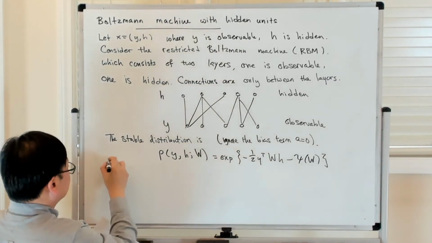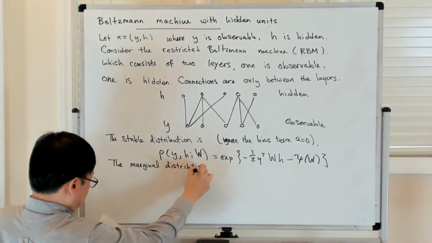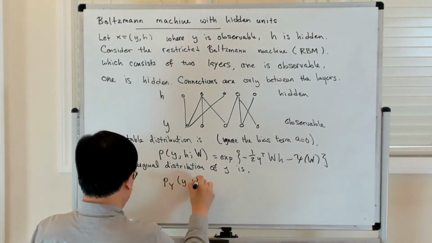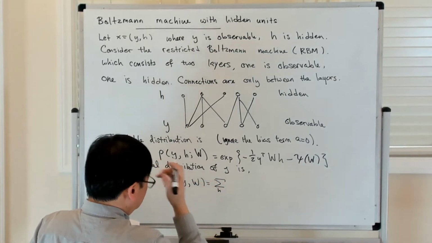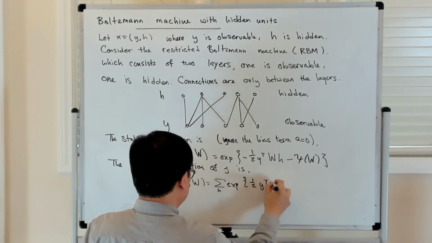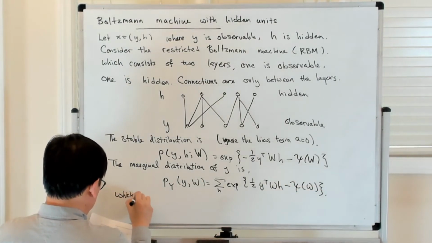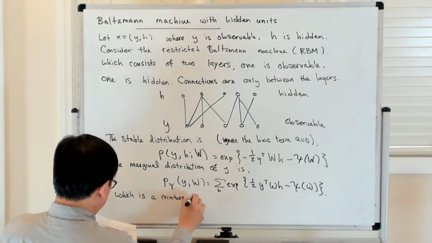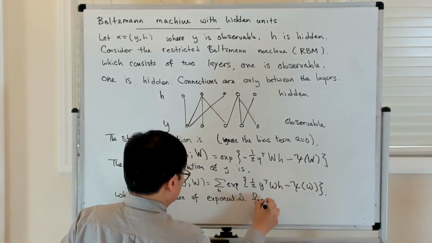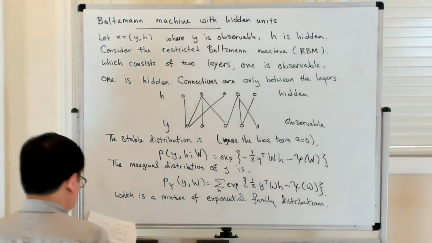Okay, so then the marginal distribution of y, p(y; W), is equal to the sum over h of exponential of 1/2 y transpose W h minus psi of W, okay, which is a mixture of exponential family distributions. Okay, all right.